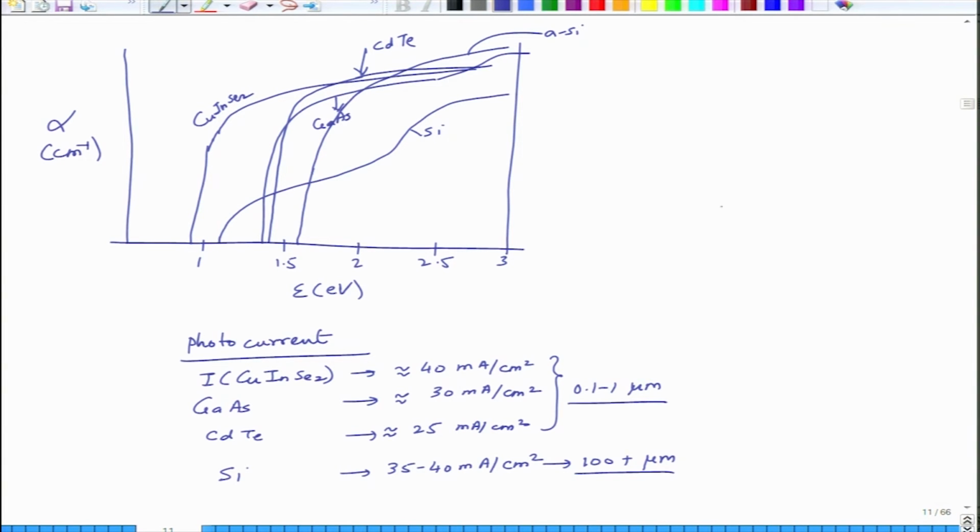So, the idea is that you have a glass panel. On the glass panel you first deposit, let us say, a contact. So, we first make contacts like this, and between the contacts we put in the semiconductor.